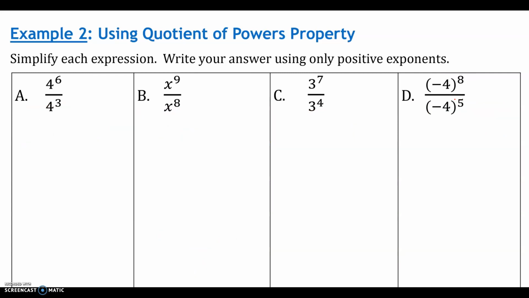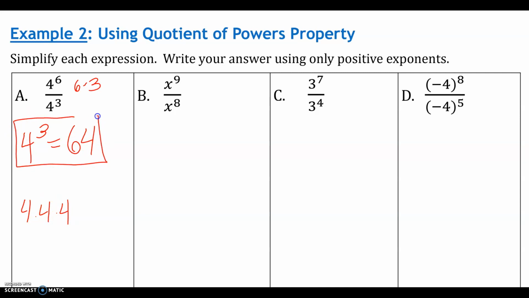So you're going to use the quotient of powers property. So let's look at letter A. The 4s are the same. Those are your bases. So you're going to be subtracting 6 minus 3, which is 3. So you showed me that you know the property. Now you need to do 4 times 4 times 4, which is 64.